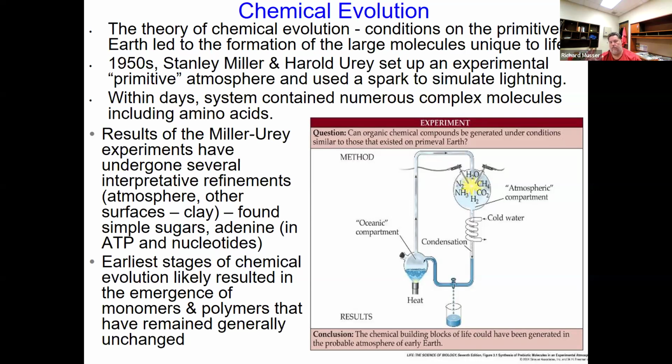And then eventually the idea is that these complex compounds formed balls of lipids that became our protocells. We don't fully understand how that all happened, but we have some good ideas.